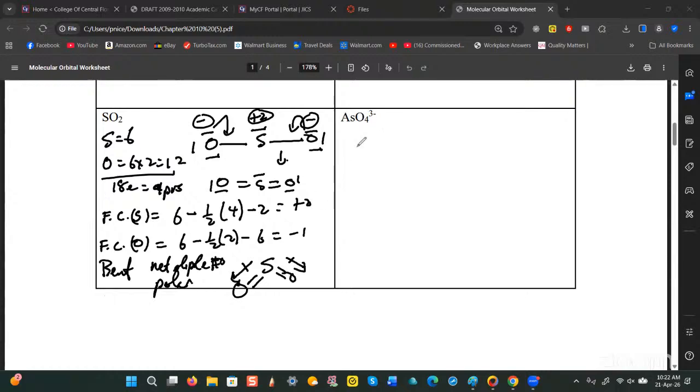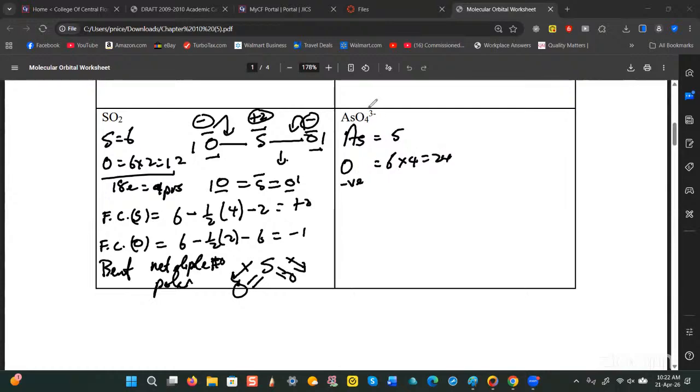Let's see if you can do this one with very limited help from yours truly. What's the first step? Valence electrons. Okay, so arsenic will contribute 5 valence electrons. And what about the oxygen? 6 times 4.